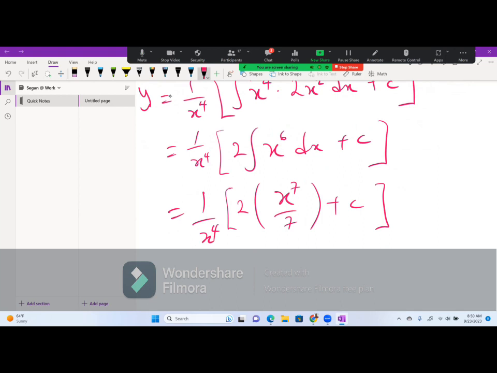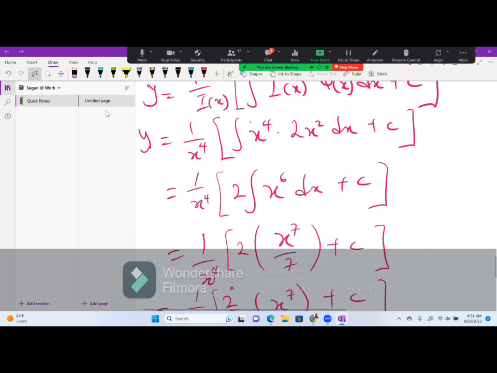So in this case now, I can take my 2 over 7 out and multiply everything else with 1 over x to the power 4. So it's going to be 1 all over x^4 into 2 over 7 x^7 plus c. This is constant, right?